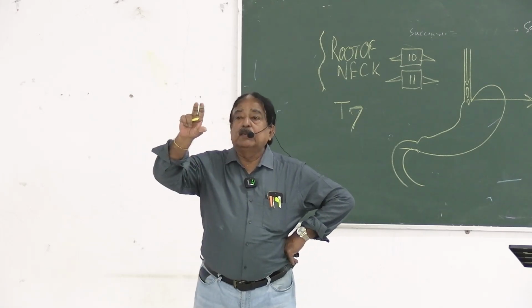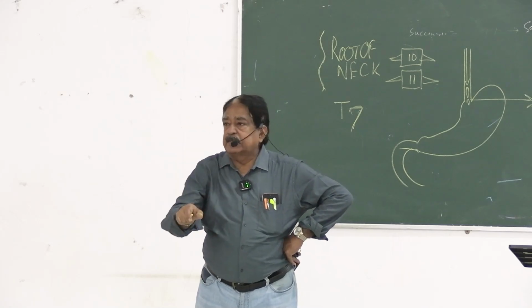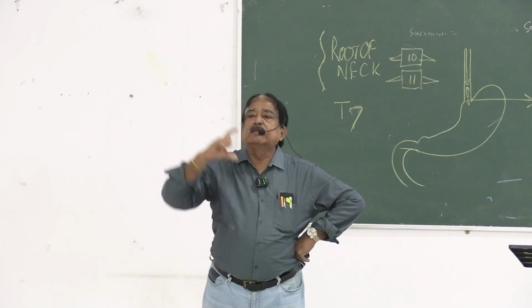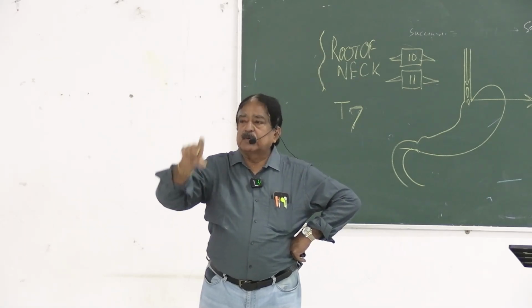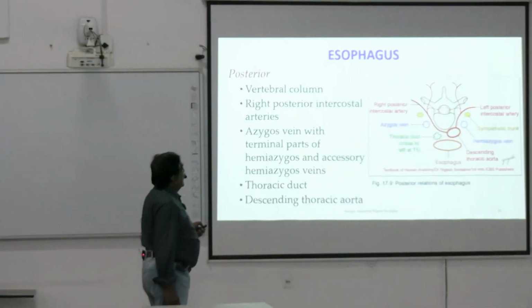Now, the course traveled, you have to see relations, the posterior relation, the vertebra, cervical, thoracic, and in this way you build up the story.